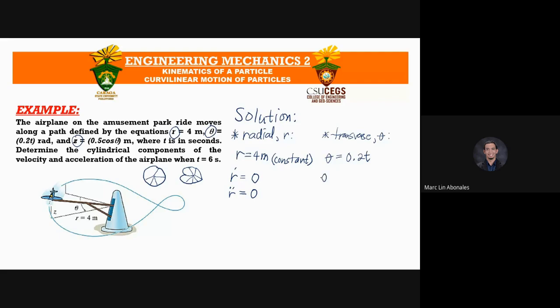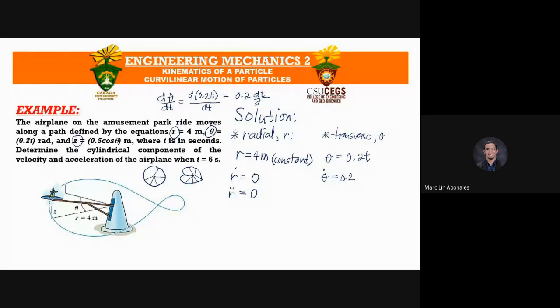So we determine the first derivative, or theta dot. The derivative of 0.2t with respect to time is just 0.2. Because d over dt of 0.2t is 0.2 dt over dt.